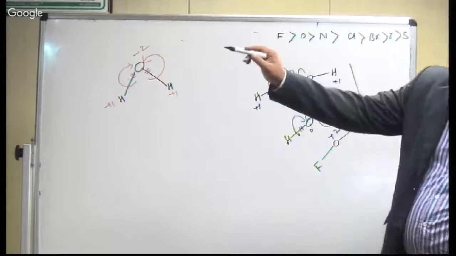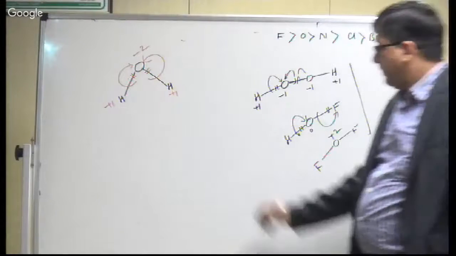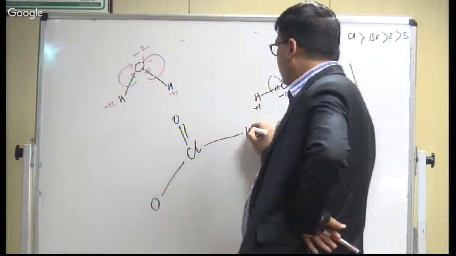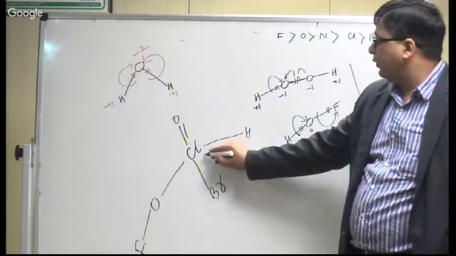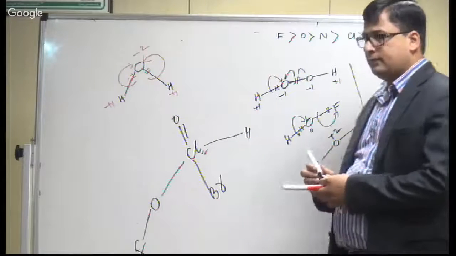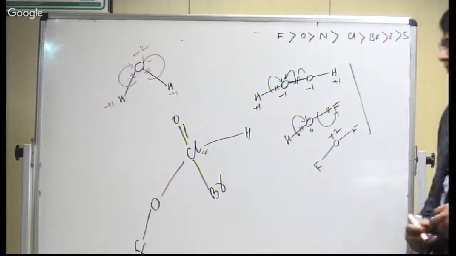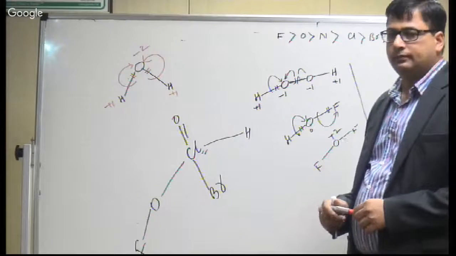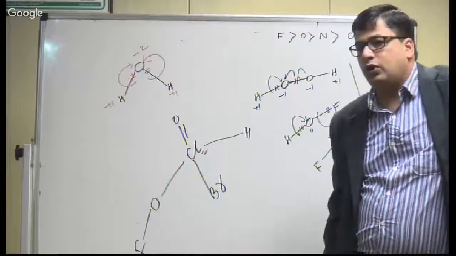So if I give you the structure of these oxides, you can calculate the oxidation state. For example, if this is a chlorine, double bond O, OH, bromine, this is fluorine. What is the oxidation state of this chlorine? -1. What is the oxidation state of chlorine?